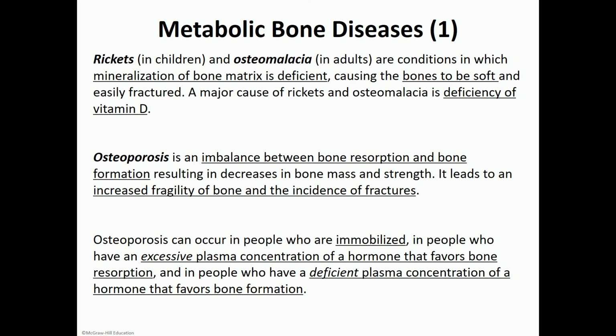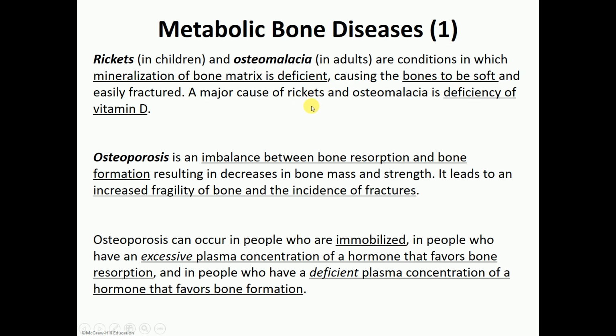The bone is made out of, obviously, collagen proteins and other proteins, mixed in with lots of minerals, mainly calcium, but there are other minerals like phosphate, magnesium, and so on. But again, mainly calcium. So if there is any deficiency in the mineralization of bone in a kid, we call that rickets. If it's in adults, we call that osteomalacia. And that leads to the bone being very soft and very easily fractured.